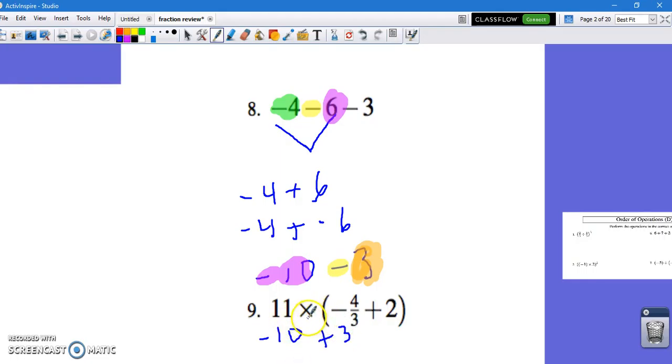Step 1, change it to an addition problem. Step 2, change the sign of the second digit. Now I have a -3. Step 3, follow the rules for addition. A negative plus a negative, okay? It's going to give me a negative, just add. My answer is -13 for number 8.